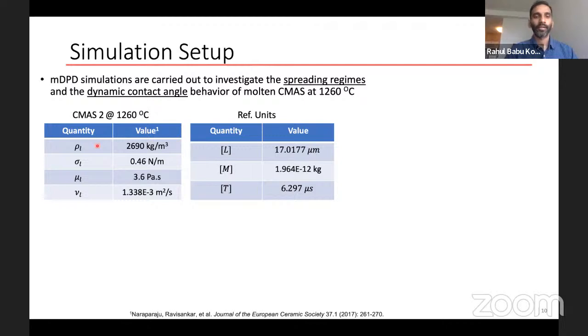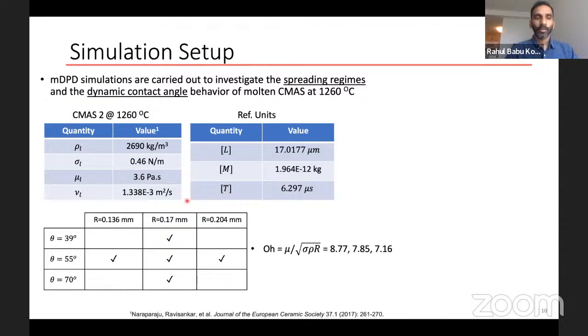These properties are completely dependent on the mixture composition of CMAS, and we have used this excellent experimental reference to get our values. As you can see, the viscosity is quite high, and so is the surface tension. And from our non-dimensionalization, the parameter mapping that we did, we obtained these reference units.